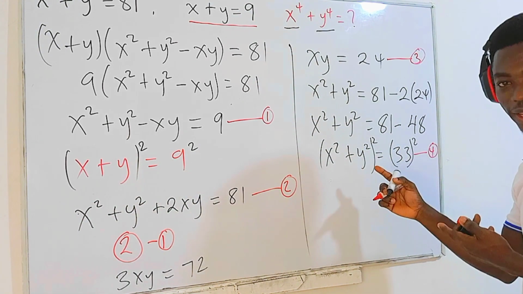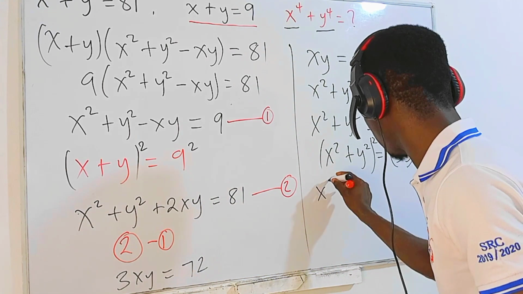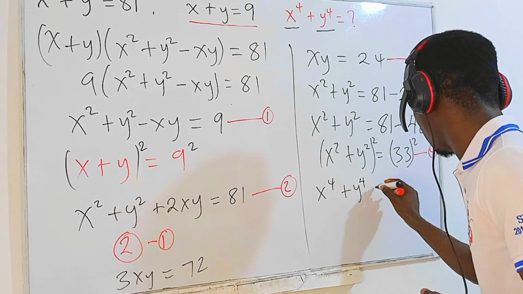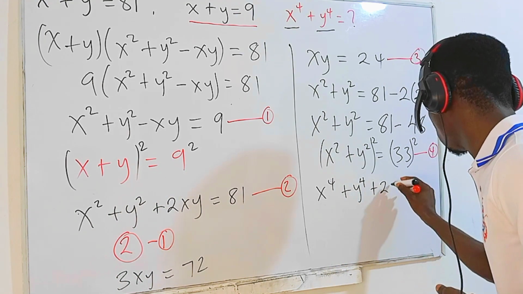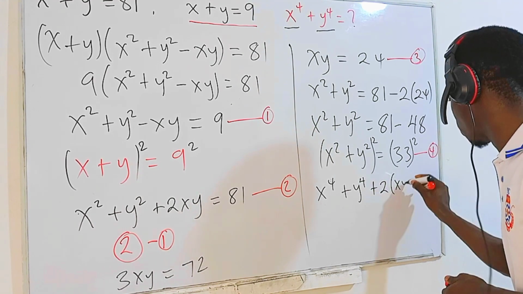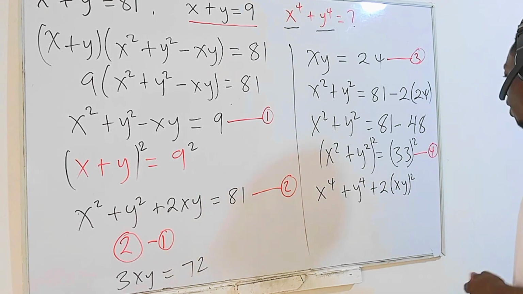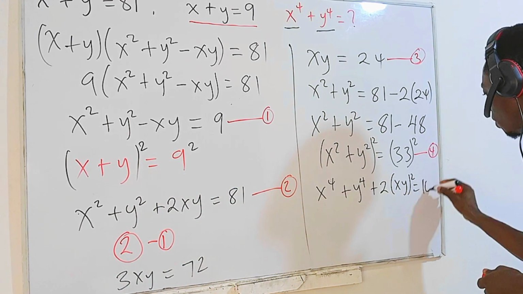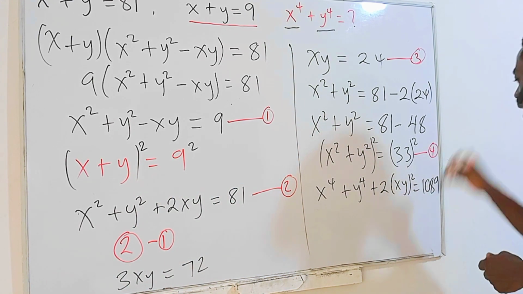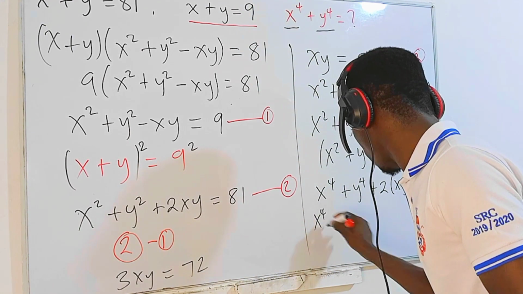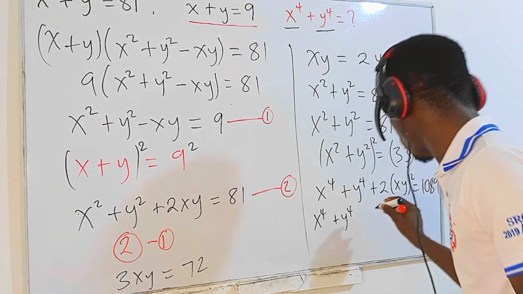And if we expand this right here, we will have x to the fourth power plus y to the fourth power, then plus 2 times x squared y squared, which is also the same as xy all squared, like this. And this is equal to, in fact, 33 squared is 1089.